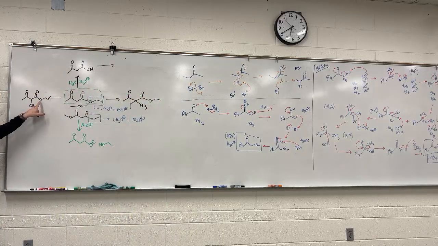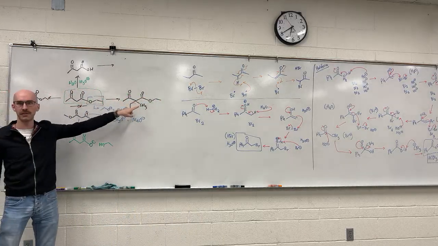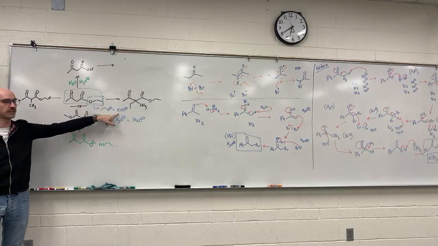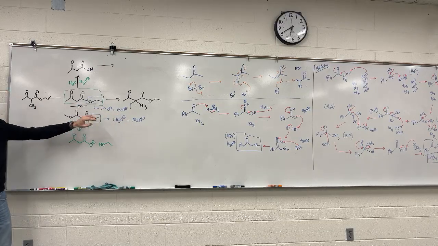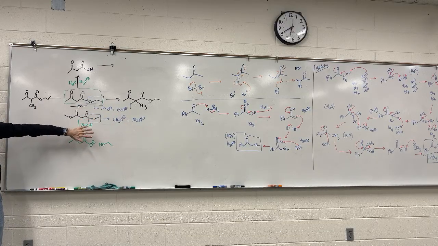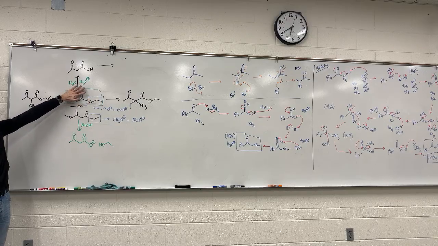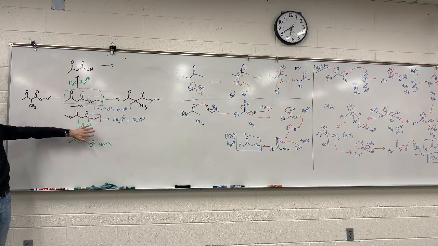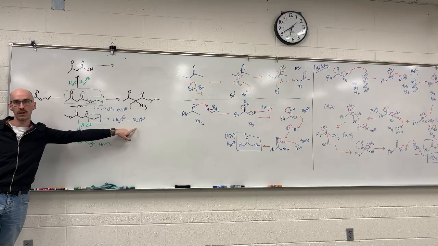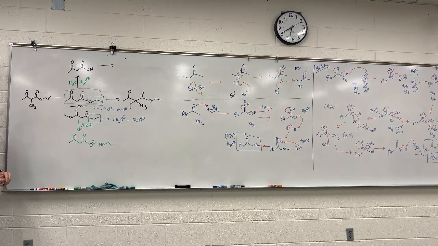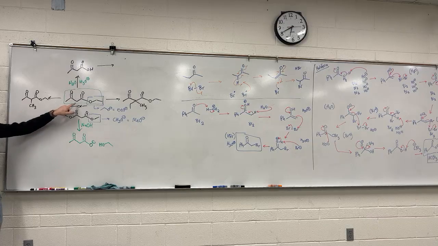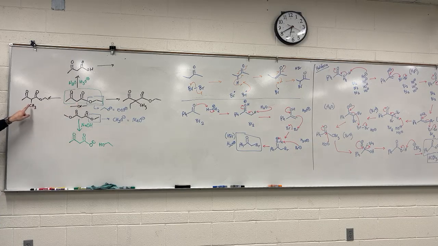All right, so since we're working with our ethyl ester, we'll use an ethoxide base. But I want you guys to recognize that if I swapped this for my malonic ester, or if I were using methyl esters, I would just swap out for a methyl base. So to the left, what I want to do is create a nucleophile and then have it be a nucleophile on some electrophile.